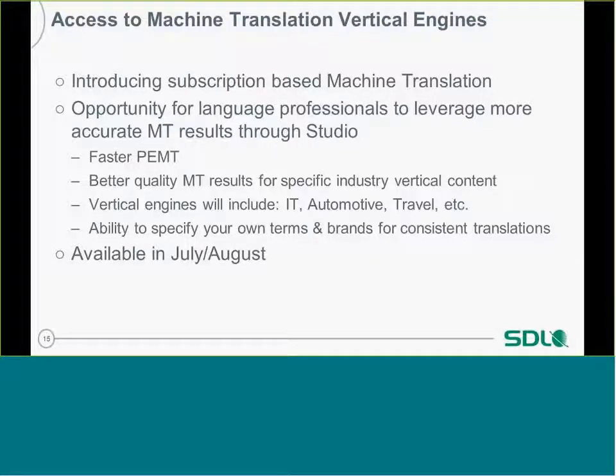Also, we're looking at introducing terminology, so you'll be able to upload terminology databases which remain stored with your own engine. So when you get results from the machine translation, those will include your terms and brands. Again, it's another feature that will really help improve the kind of machine translation results that you get.